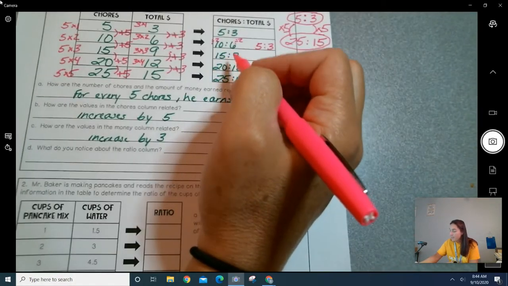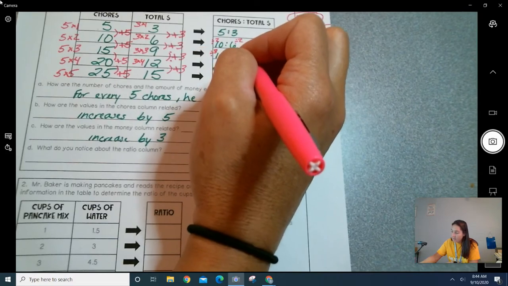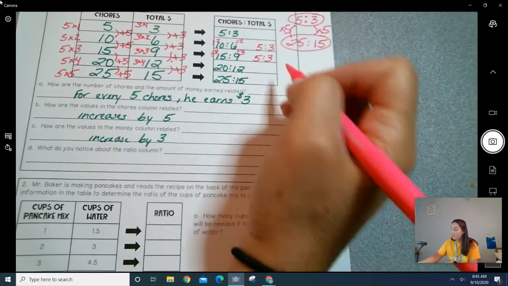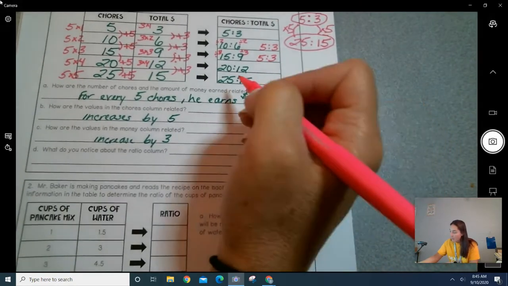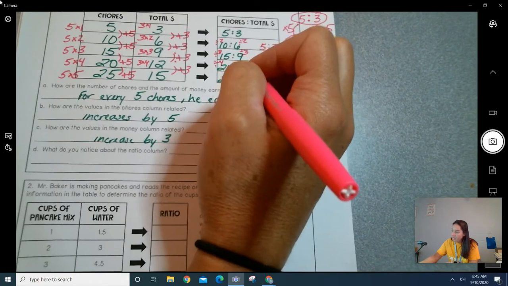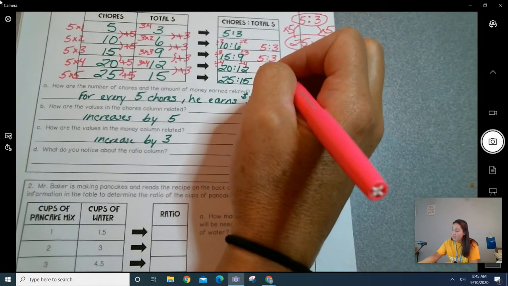If I take both of these numbers and I divide by 3, I'm going to get 5 to 3. If I take both of these numbers and I divide by 4, I'm going to get 5 to 3.